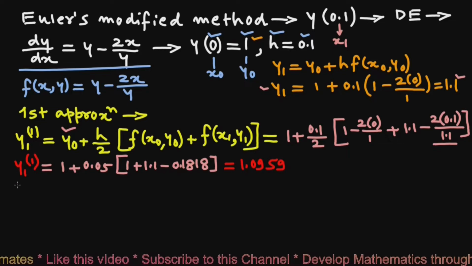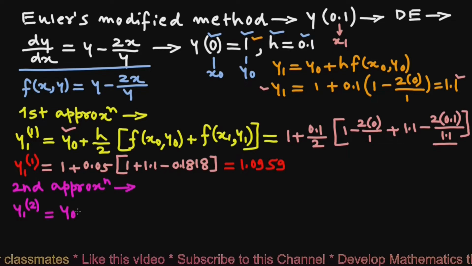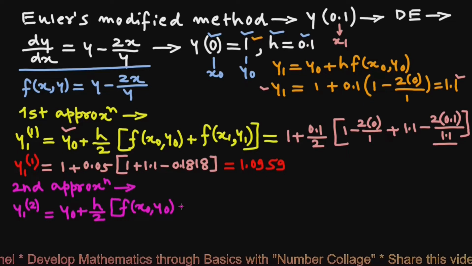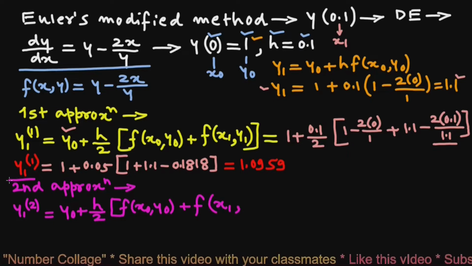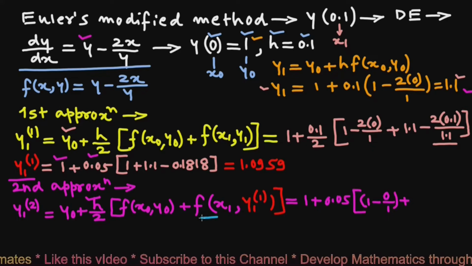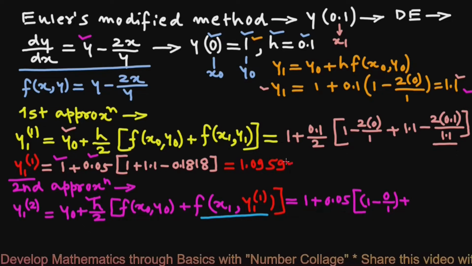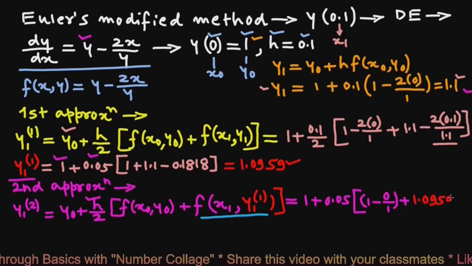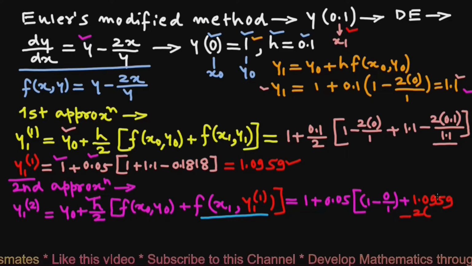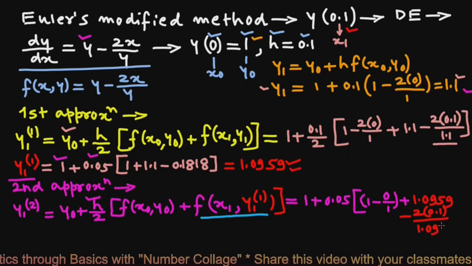So we write the second approximation y1^(2) equals y0 plus h upon 2 times [f(x0, y0) plus f(x1, y1^(1))]. So that will be plus f(x1, y1^(1)), which is 1.0959 minus 2 into x1 which is 0.1 upon y1 which is 1.0959.